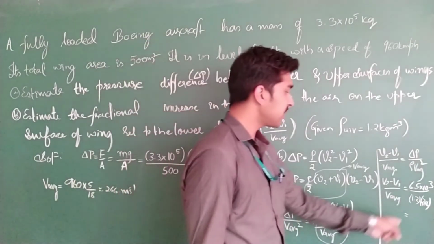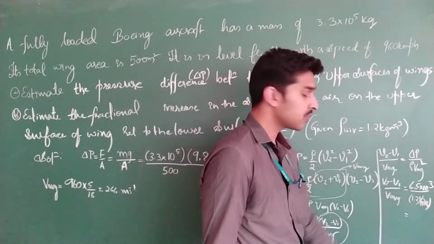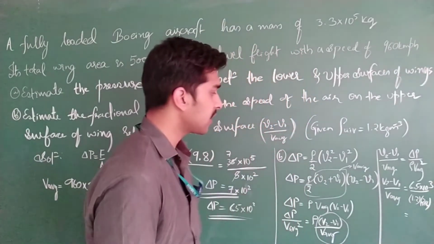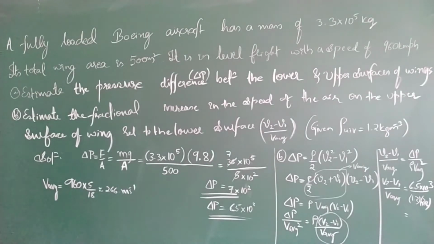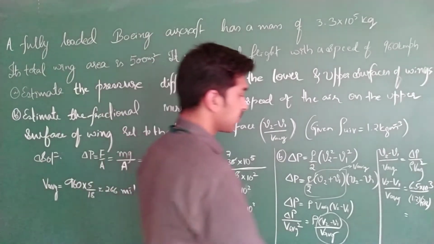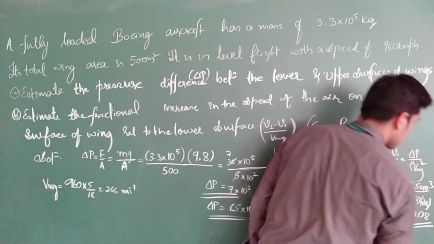You can simplify this and calculate an approximate answer. I will tell you the exact value: somewhere you are going to get 0.08. Cross check.